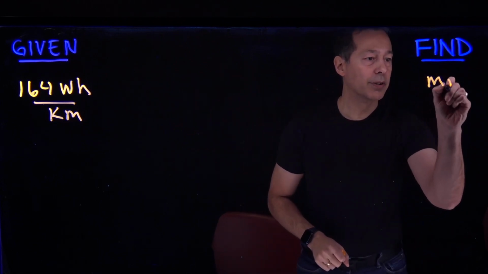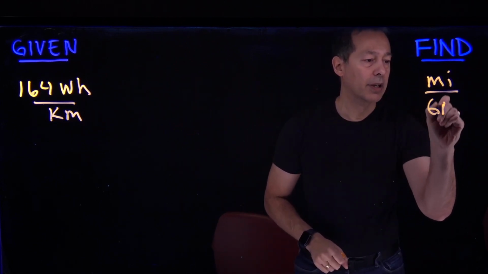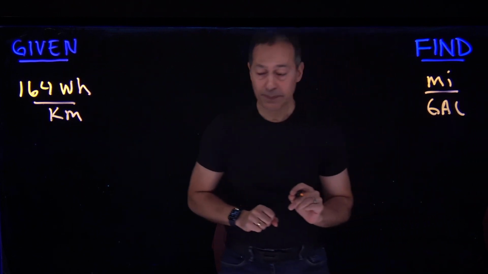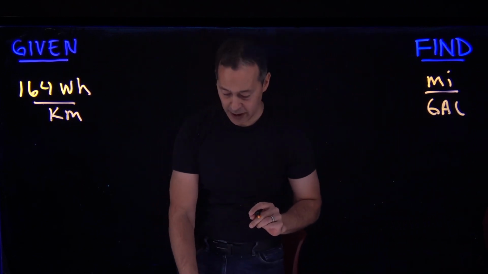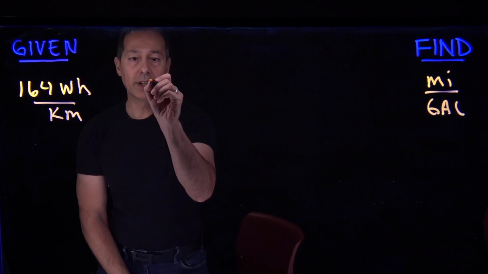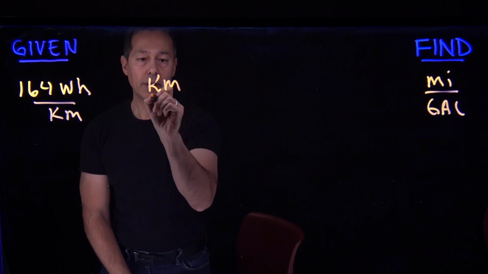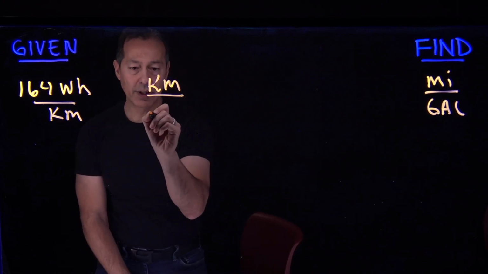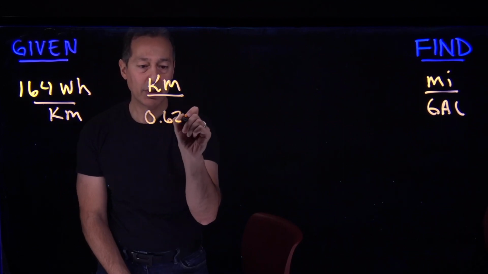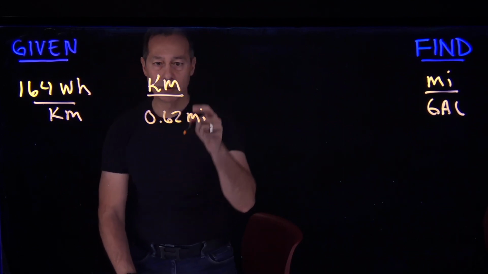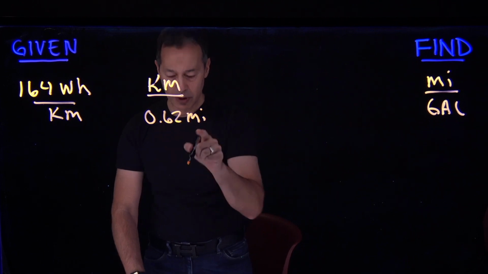So miles per gallon over here. And our conversions on this, we're going to have kilometers per mile, and that's 0.62 miles. So a kilometer is 0.62 miles.